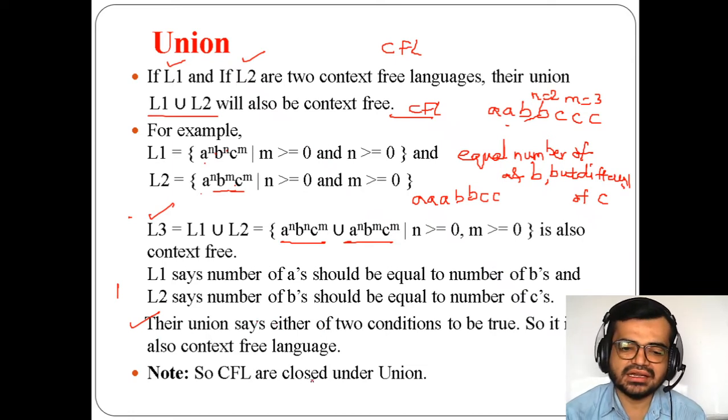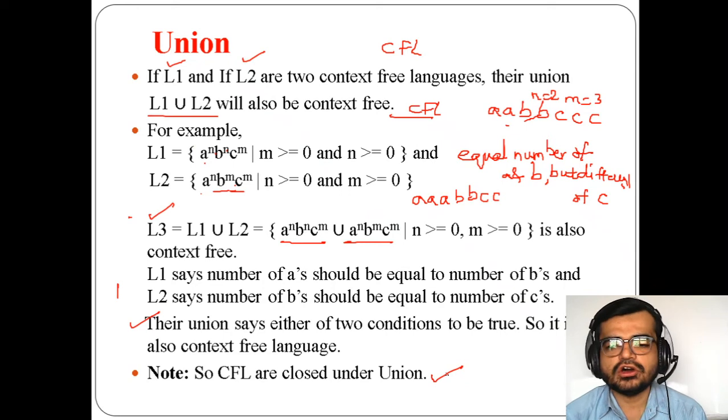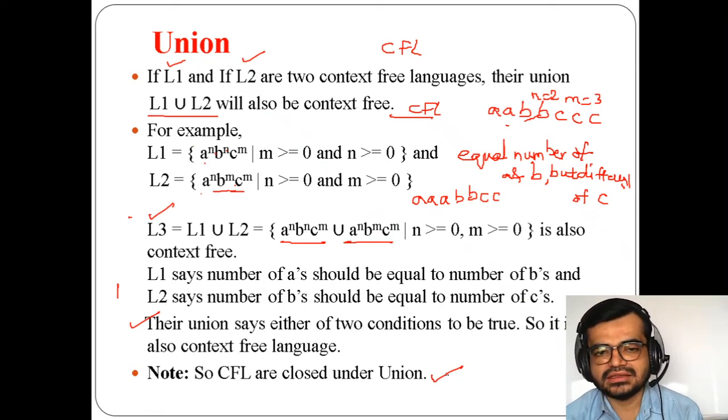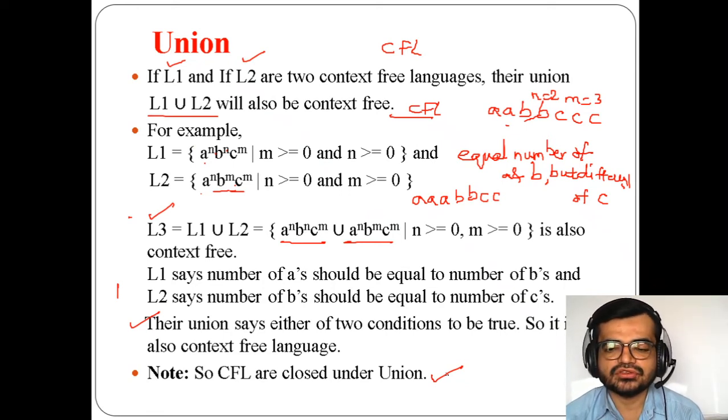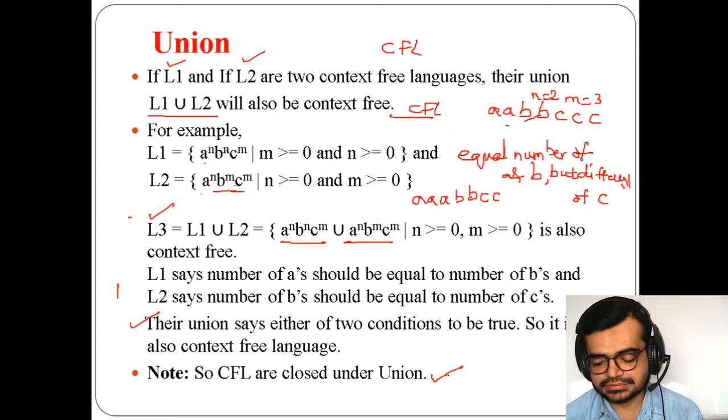So you can say that CFLs are closed under union. Union means OR, either this or that. There isn't much restriction on union, so that's why it's feasible to get L3 as a context free language.